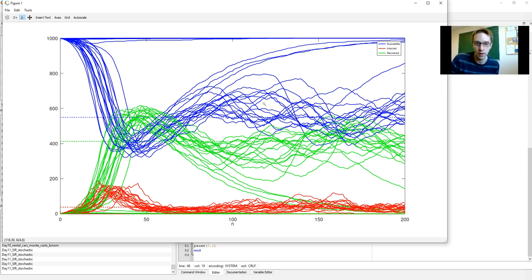Now, the last thing I want to highlight here is notice that when we do see oscillation in this model, it does oscillate around the deterministic fixed points. So the blue curve seems to be oscillating around this blue dashed line, which is the fixed point we calculated analytically using our deterministic model. Similarly, the green curve most of the time is oscillating around this green dashed line, and the red as well.